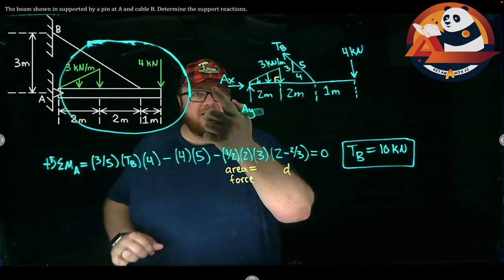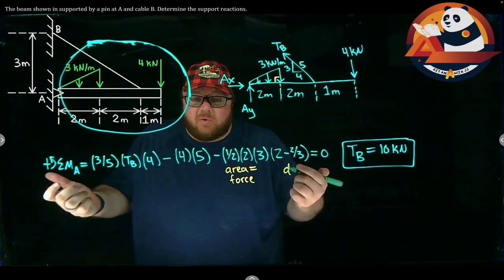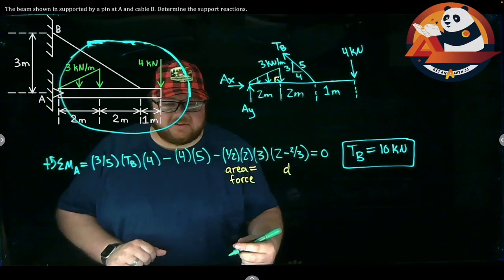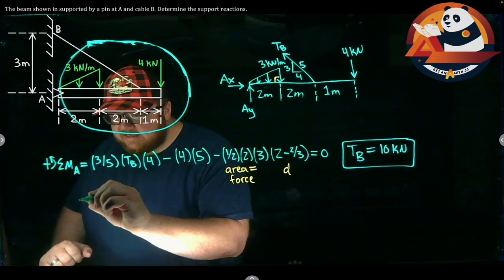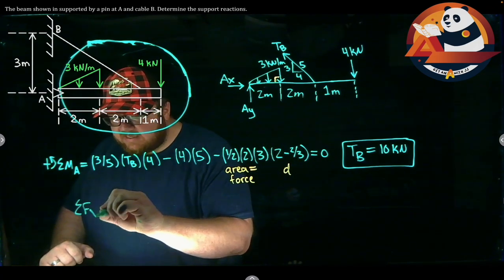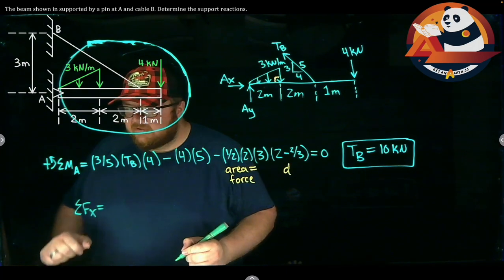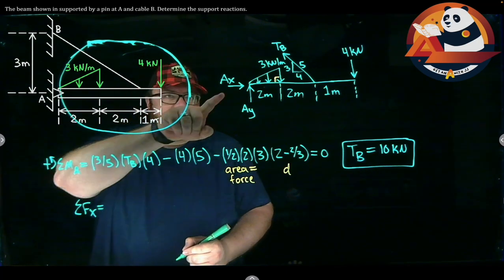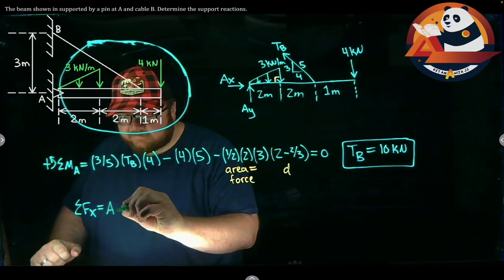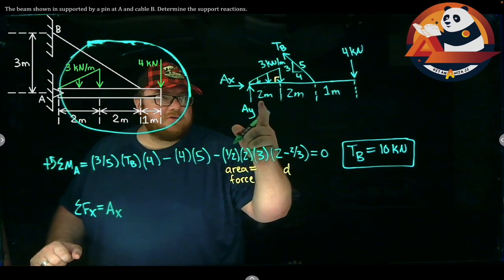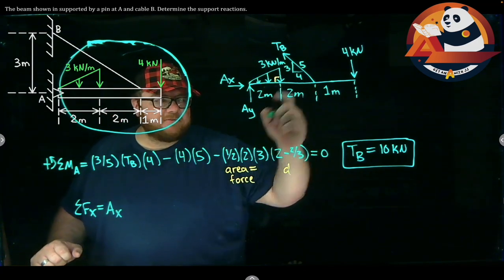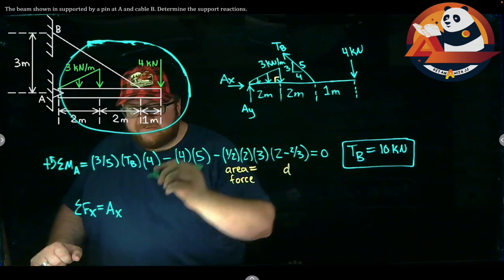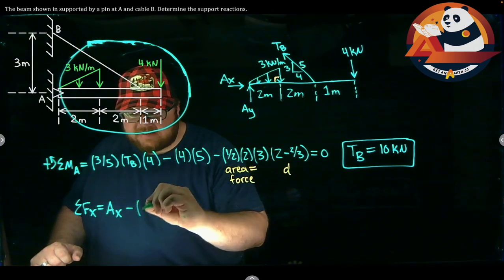But then let's go ahead. We can sum forces in either the x to get AX or the y to get AY. Either way, we're getting answers out. Let's go ahead and sum forces in the x direction. If I do that, I have my AX goes to the right. And the only other x force I have in here is from the cable. It's going to the left, so I subtract it off, minus the x component.